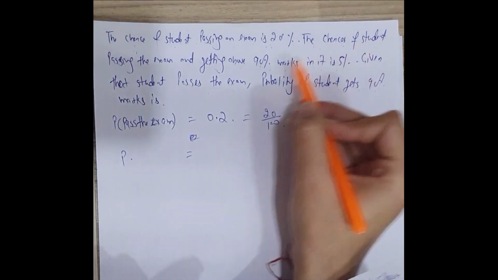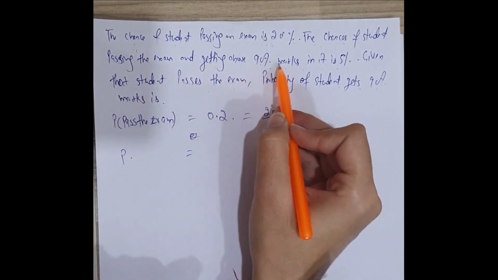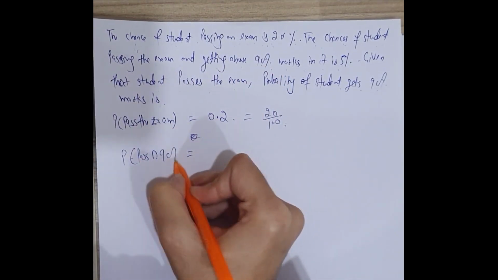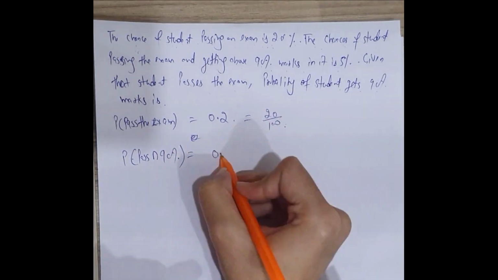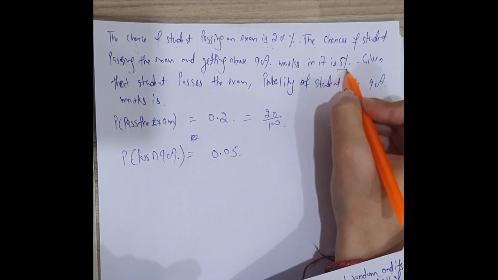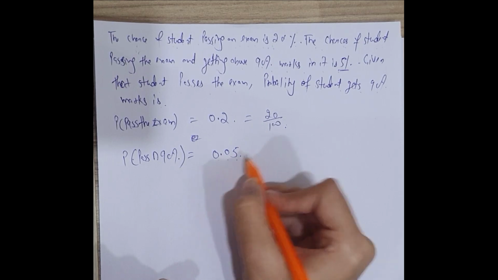Now the chance of students passing the exam and getting 90% is 0.05. It's 5%, so 0.05.